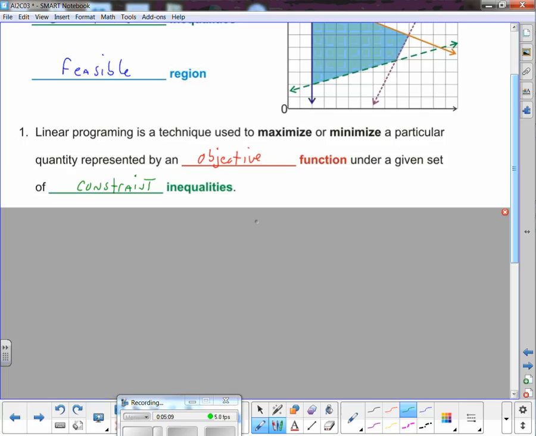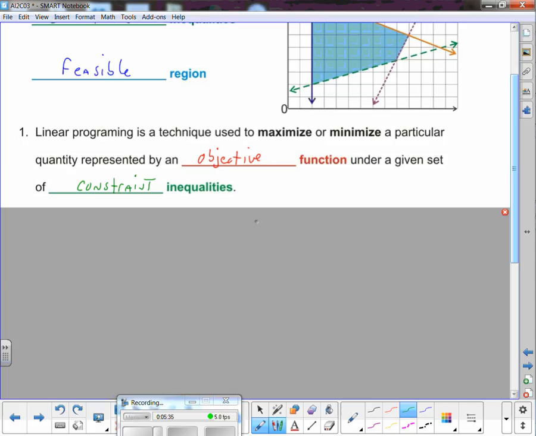But for problems for you to solve, you can get it a couple different ways. You can get it to where they give you the constraint inequalities, they give you the objective function, and they ask you to maximize it or minimize it. That's what we're going to do, and that's pretty simplistic. You could also, as a student, be given a word problem. And from the word problem, you determine the constraint inequalities.